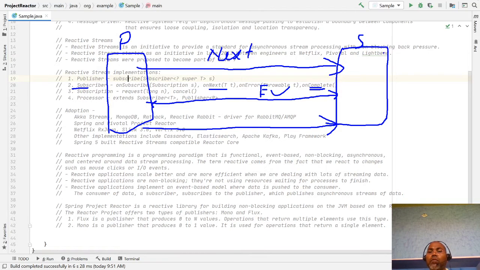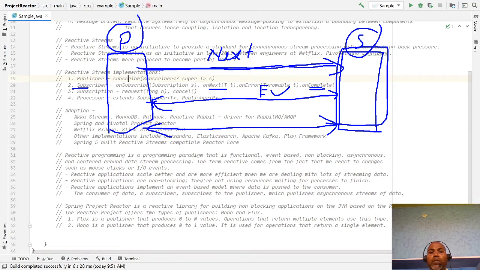This channel means that the subscriber says all my processing is completed, I don't need any further stream of data. Okay. So in this way, these are the three communication channels between publisher and subscriber: one channel for data processing, another for error handling, and another for onComplete, on success or complete.